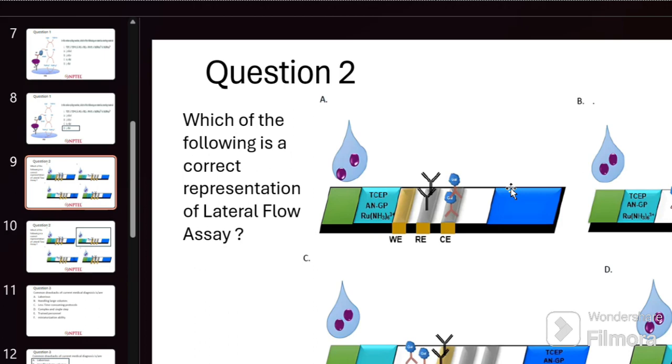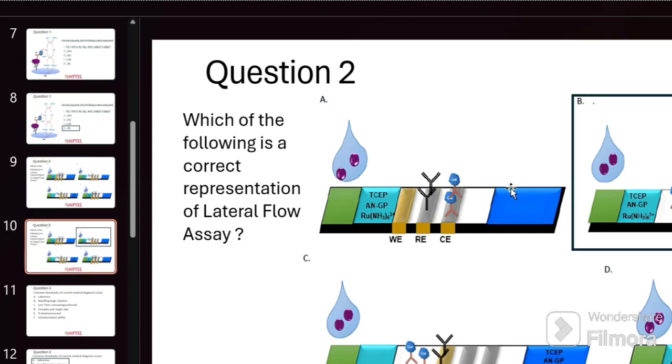And again the labeling should happen before the sample actually undergoes detection. For the redox reaction to happen, the primary labelers like the TCEP or ruthenium have to be present in the sample when it reaches the working electrode. So in that case we need these.